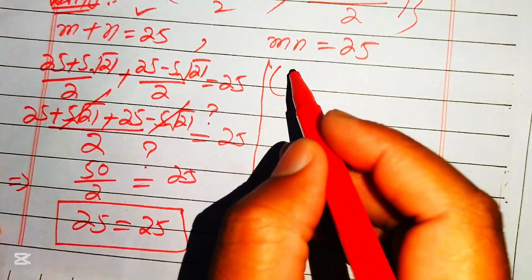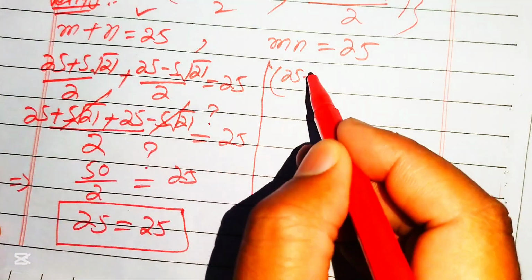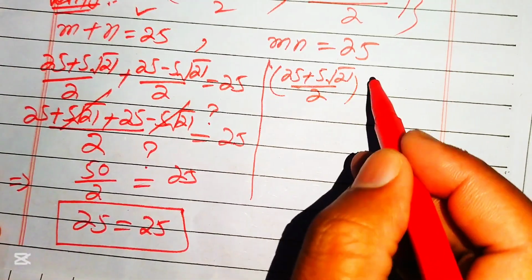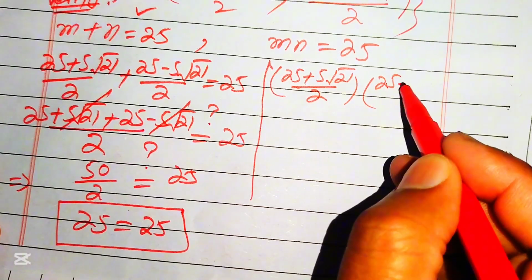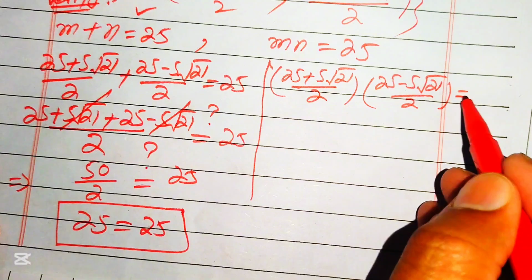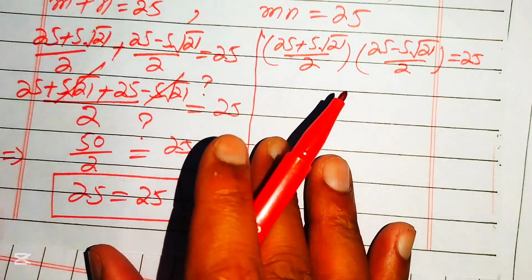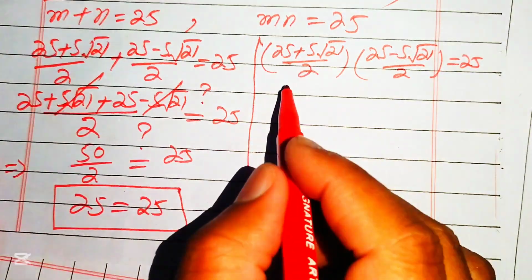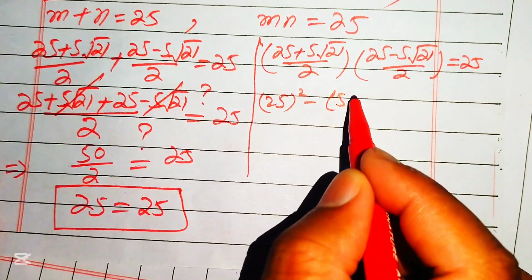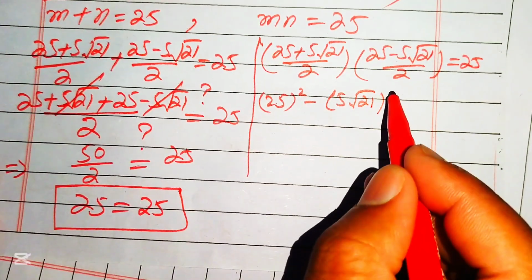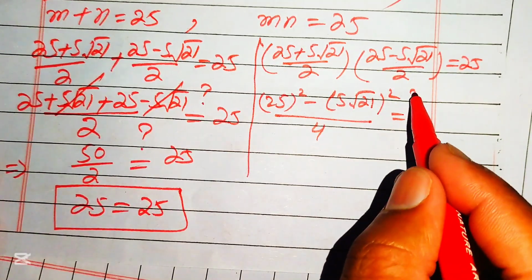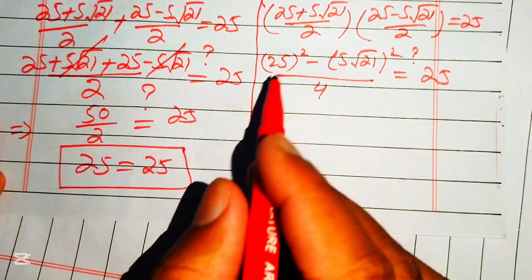And similarly we need to verify the second equation. So here we have the value of m is 25 plus 5 times of square root of 21 divided by 2. The value of n is 25 minus 5 times of square root of 21 divided by 2 and this is equals to 25. So here we can apply the algebraic formula. So we have 25 square minus 5 times of square root of 21 square, divided by 2 times 2 becomes 4, and we check whether this equals 25.